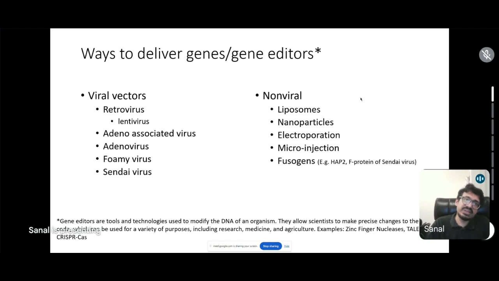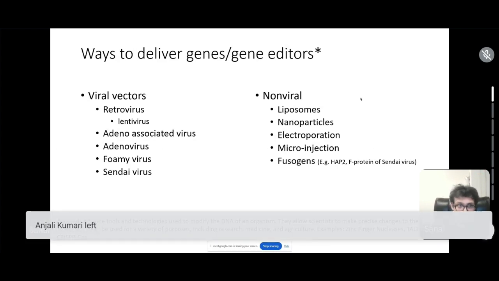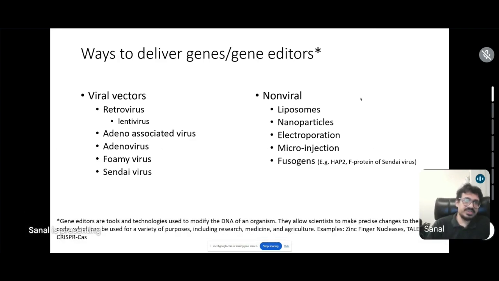As I mentioned, there are several ways to deliver genes or gene editors. Classic viral vectors: you can use retrovirus, lentivirus, adeno-associated virus, adenovirus, foamy virus, Sendai virus. There are a lot of viral vectors.